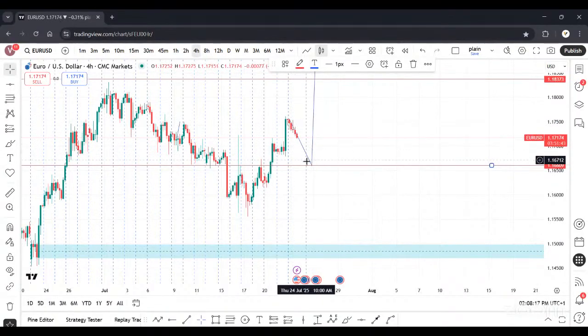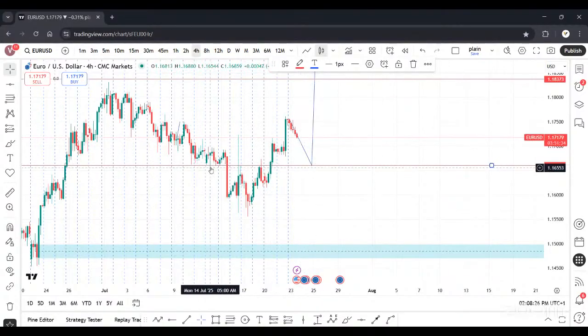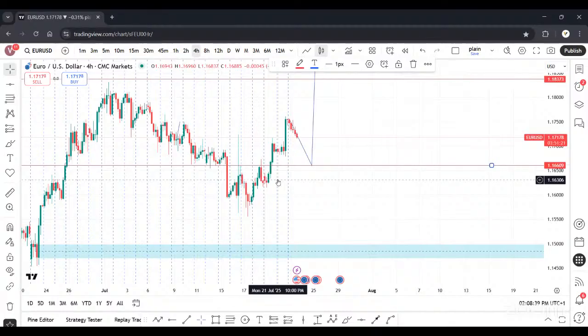So we should see price retrace into this left shoulder on the 4-hour time frame for Euro USD. And once price sells off into this left shoulder, I'm willing to buy Euro USD. So we keep watching to see if price will fulfill and tick our boxes for these entries.